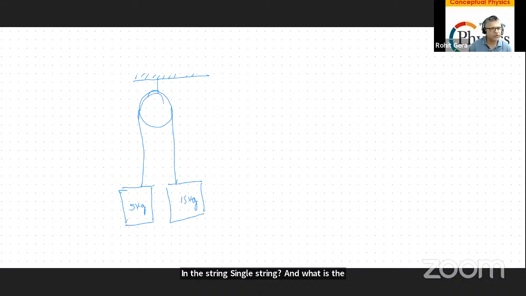All right, so let's look into the free body diagram of 5 kg. This is the tension. It will pull the mass upward. It always pulls up. This is the weight of the block. The earth is pulling it down.